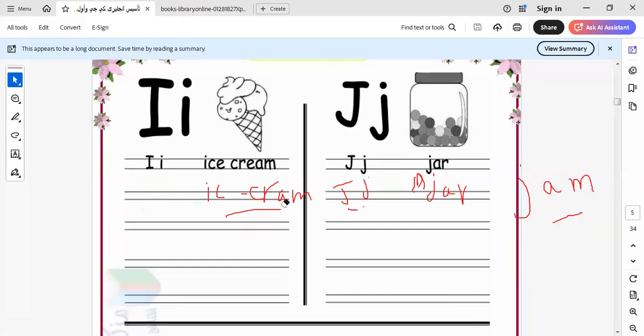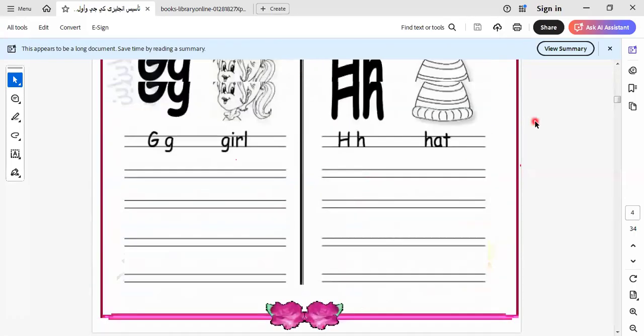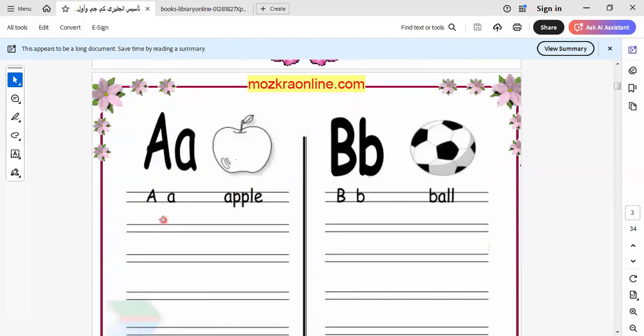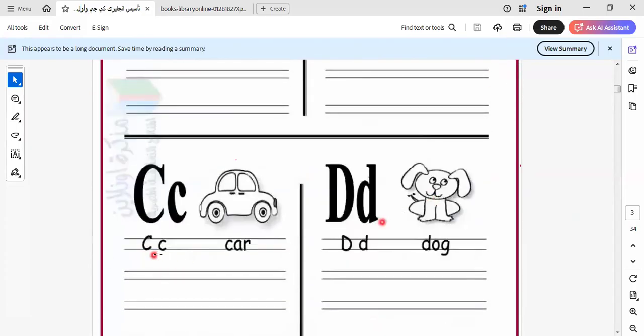I will revise the letters that we took today. Today I will give you 2 letters only. I will revise with you to be able to keep it. Here is capital A and small a for apple. Capital B and small b for bowl. Capital C and small c, car.